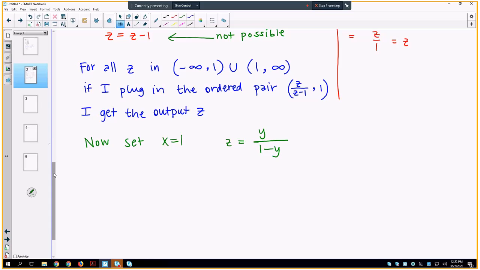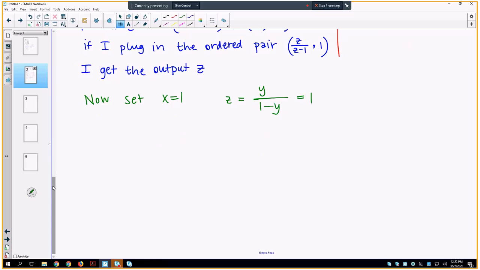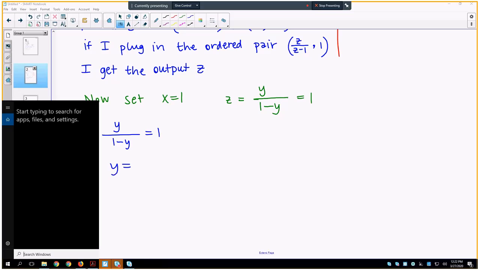That's just going back to my original function, x times y over x minus y, and plugging in x equal to 1. Can I have that equal to 1? So let's explore. y over 1 minus y equals 1. That means y is equal to 1 minus y.